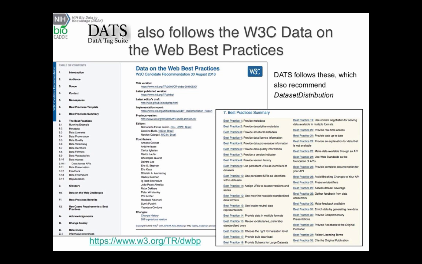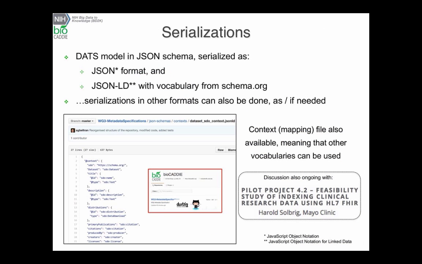This is a new working group in W3C about data on the web best practices. We looked at those best practices, and we see that in the DATS model we follow many of them. One of the recommendations from this W3C group is indeed to have a data set distribution, so that you know from where to download information and what the properties for these elements are.